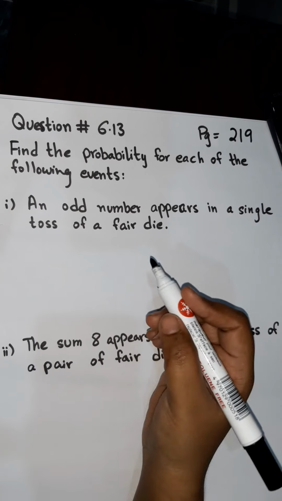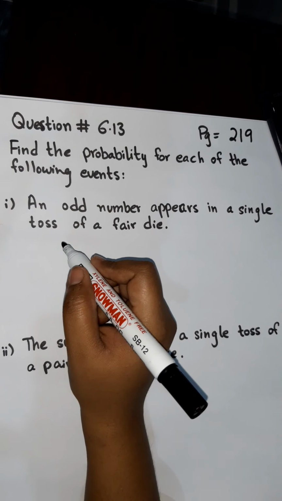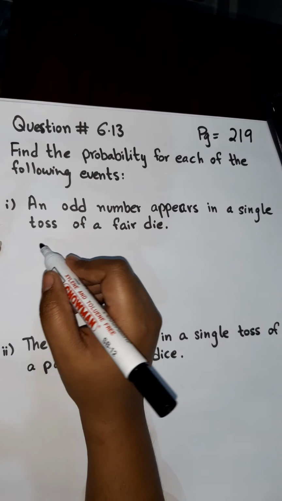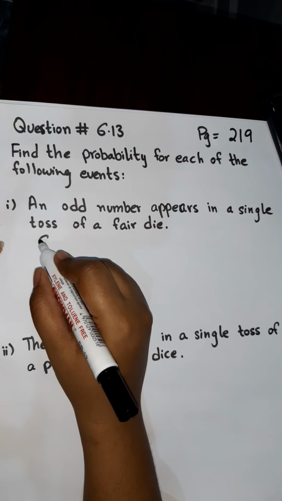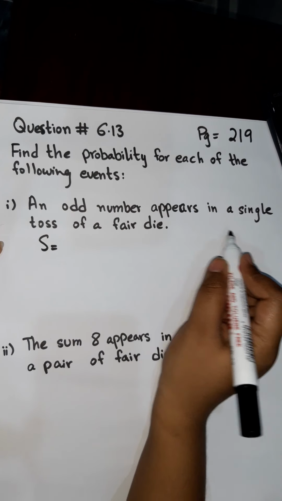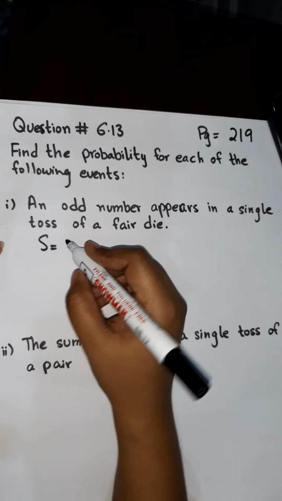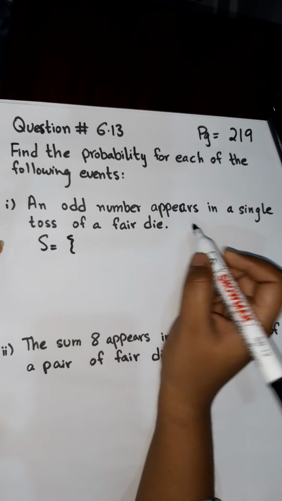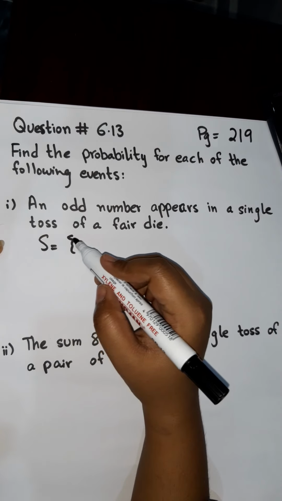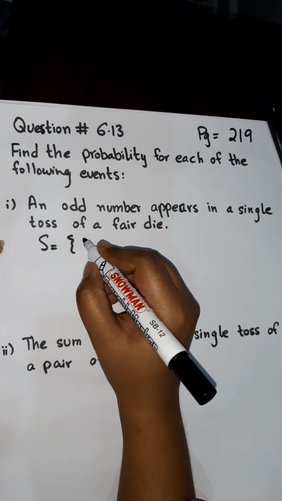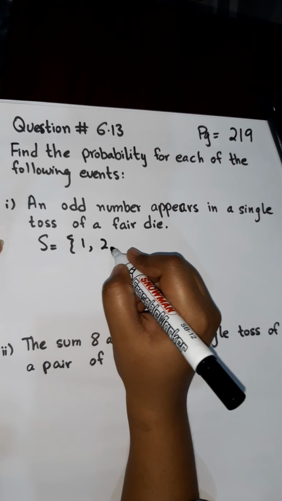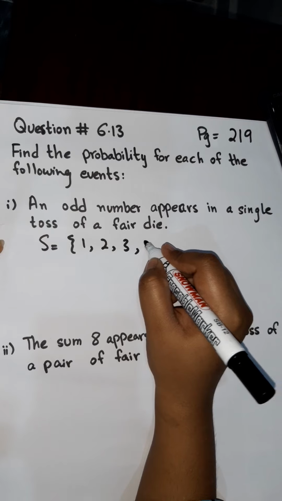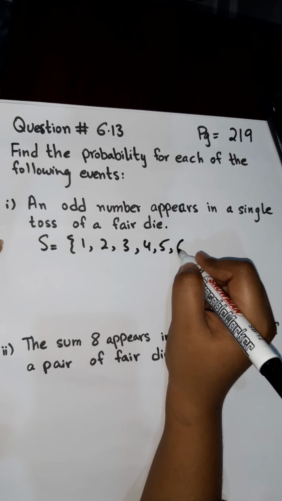This is very similar to the example which I have solved now. So what will be the sample space, because the situation here is a single toss of a fair die. So again the sample space will be 1, 2, 3, 4, 5, 6.